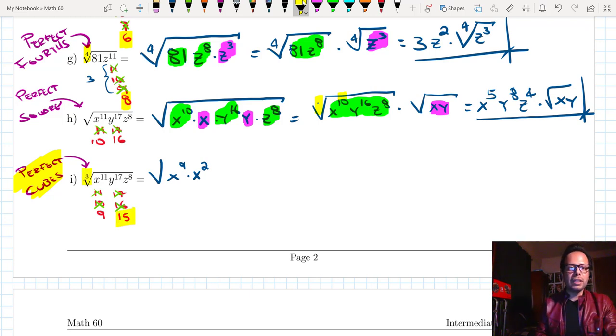Yes, in this case it goes evenly, right? So let's break this up into y to the 15 times y squared. That is equal to 17. We'll verify that at the end of the factorization. Okay, let's go with the z's now. Is the number 8, the power of z, divisible by 3?